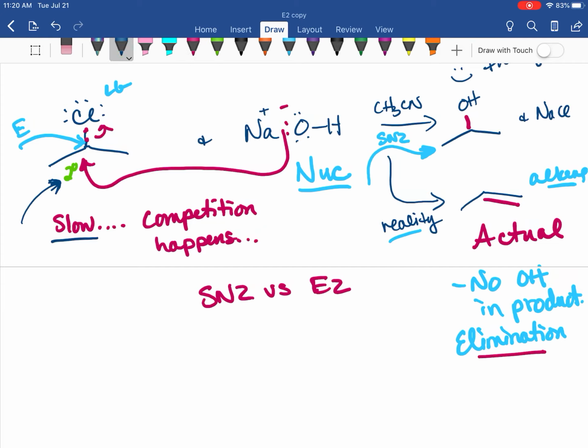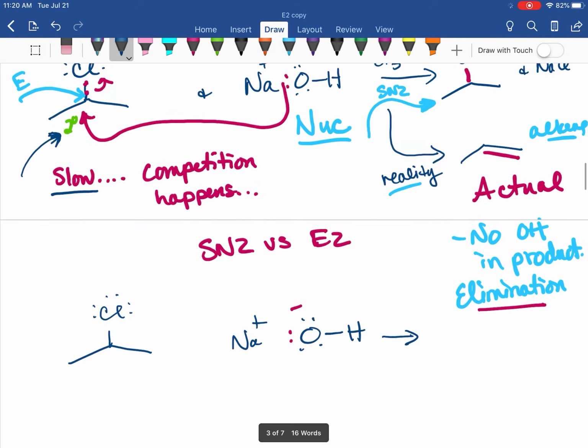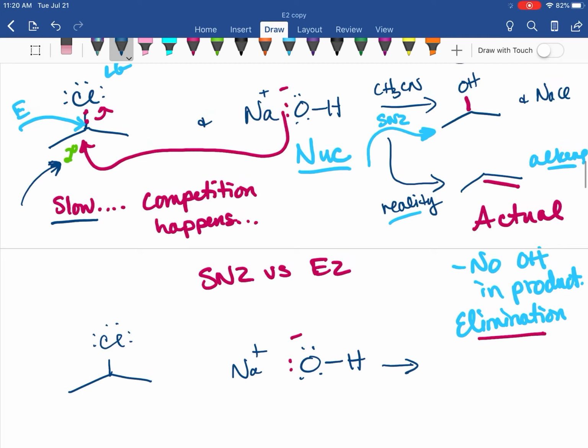They're two different things, but as soon as we draw the mechanism, we're going to see exactly where that competition can happen. So I'm going to redraw, and I want to draw the mechanism for the E2.